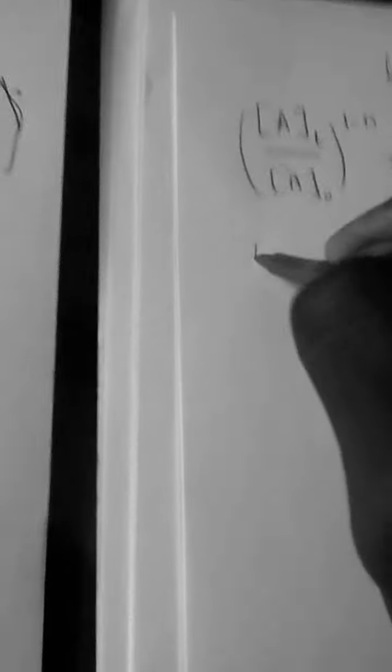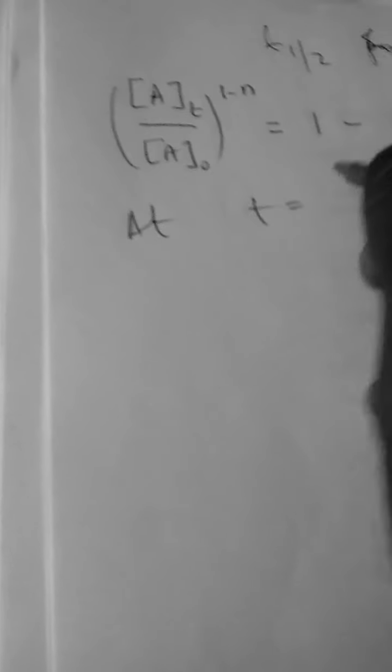Now let's say that C equals C_half. We know again that this equals 1/2. Again, it doesn't have to be 1/2. This could just be the fraction of the unreacted compound A from the original A_0.